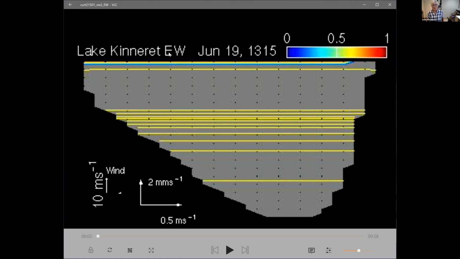Almost every day, the wind will come from the Mediterranean Ocean across Lake Kinneret. And what we're going to see is what that wind does to the thermocline in the mixed layer. So there's a scale bar here. This little arrow means a 10 meter per second wind, and this little one right here is going to change magnitude, and you'll see how windy it is.